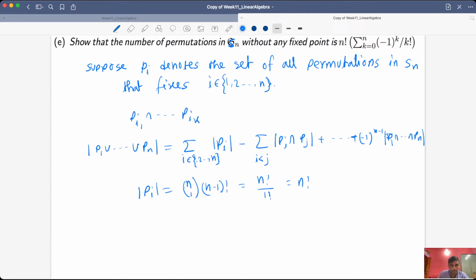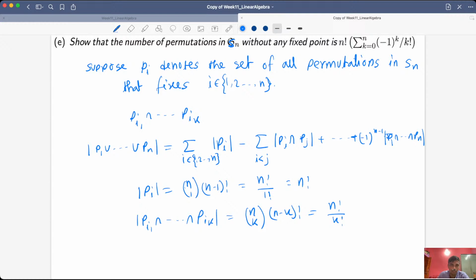And similarly, if I have Pi1 intersection Pik, that will fix k many elements. So for the remaining n minus k elements I can have n minus k factorial many permutations, and I can choose those n minus k elements in n choose k many ways, right? So this is n choose k into n minus k factorial, which is again n factorial by k factorial.